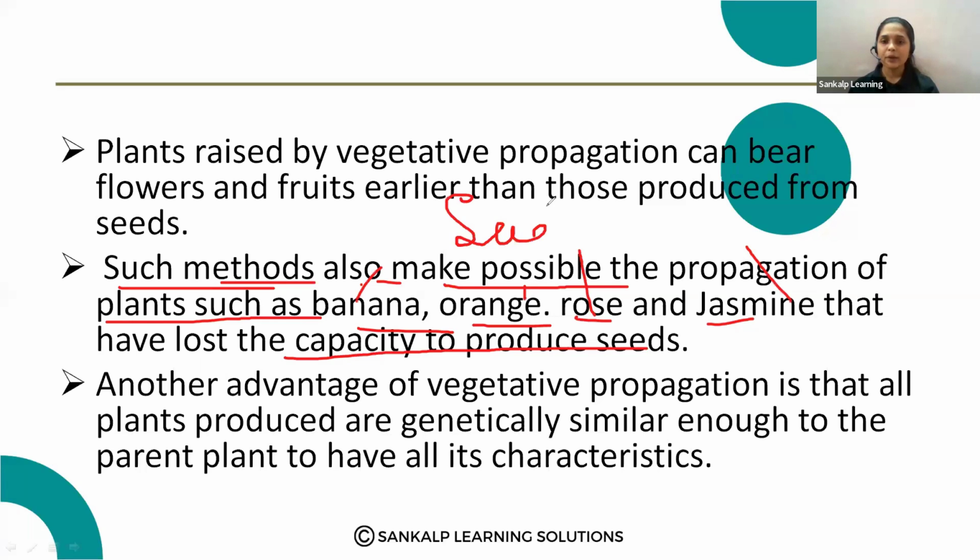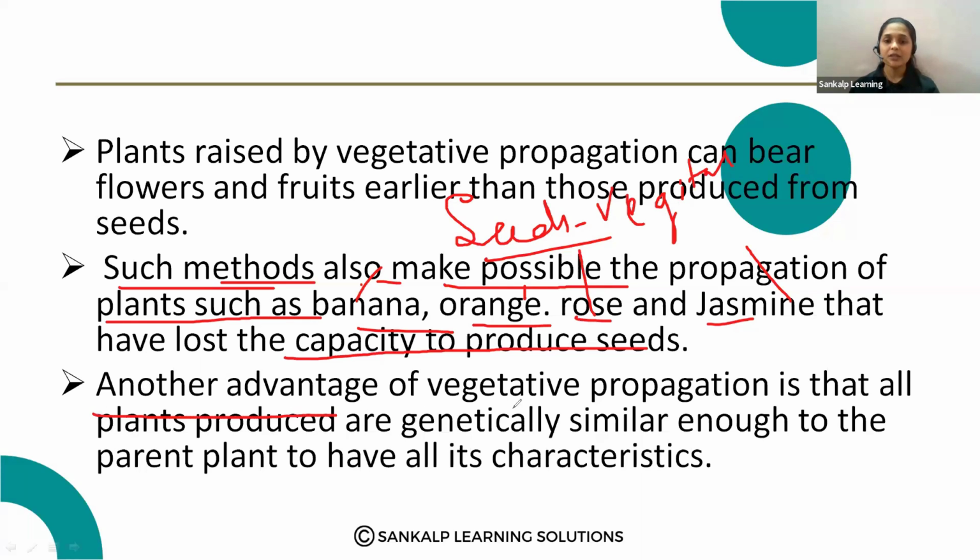They lost the capacity to produce seeds. So how do these plants reproduce? In banana and rose, they reproduce by vegetative reproduction, vegetative propagation you can call. So using this vegetative propagation method, they are reproducing. That is possible because of vegetative propagation.